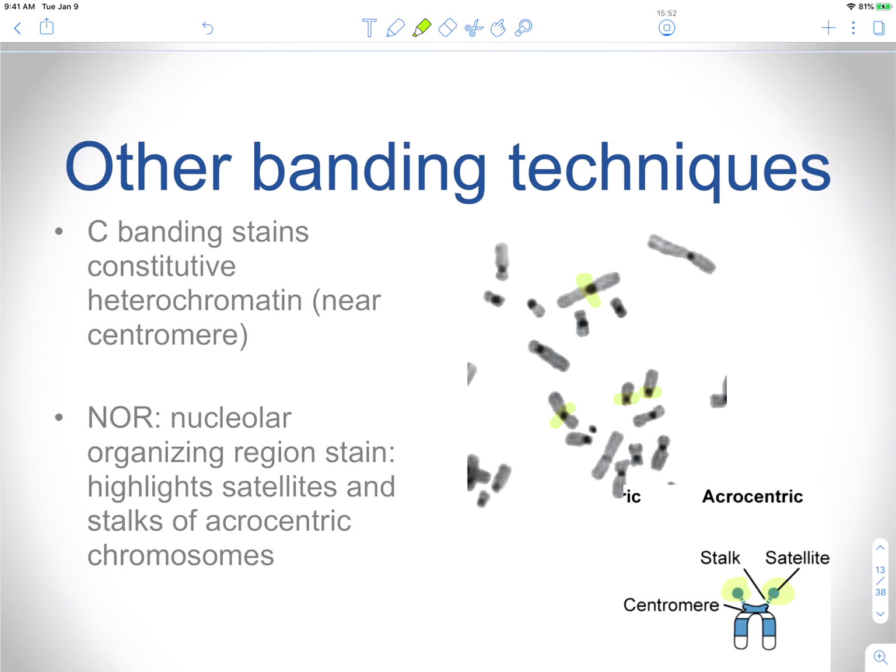There's also spectral karyotyping. Basically you're labeling each chromosome with a different color, and you can see that it looks very colorful. Here you can see that you have a few changes going on. Let me use this.